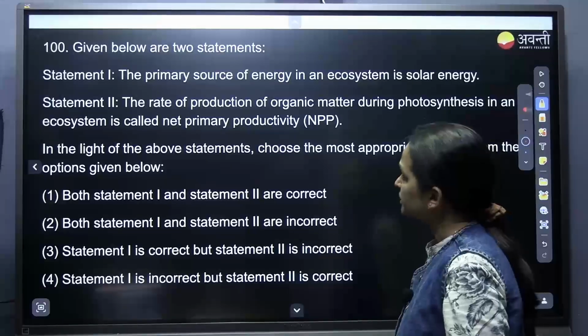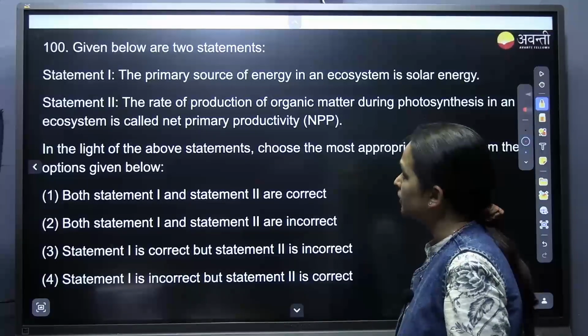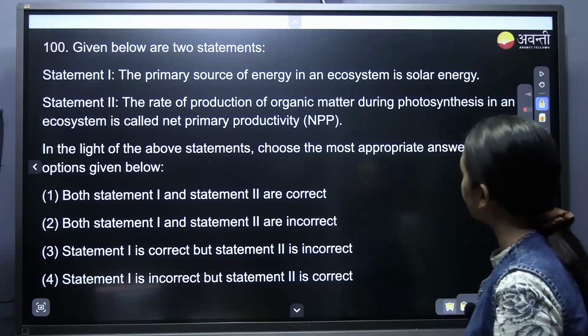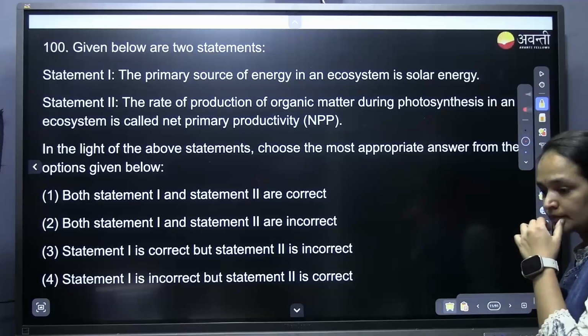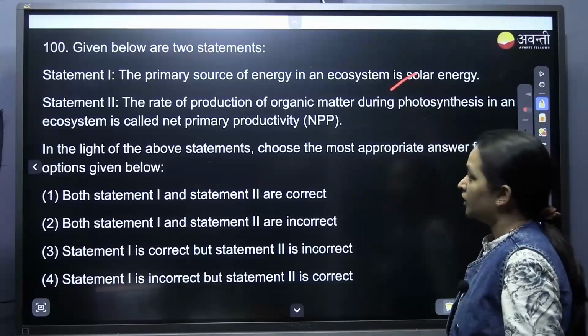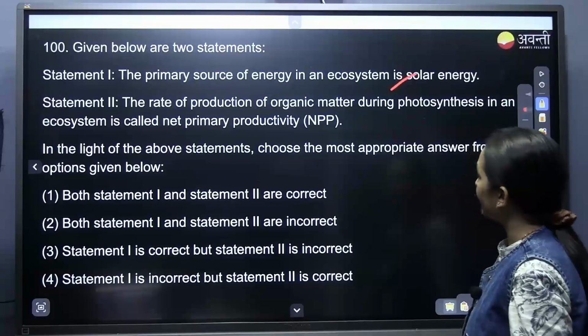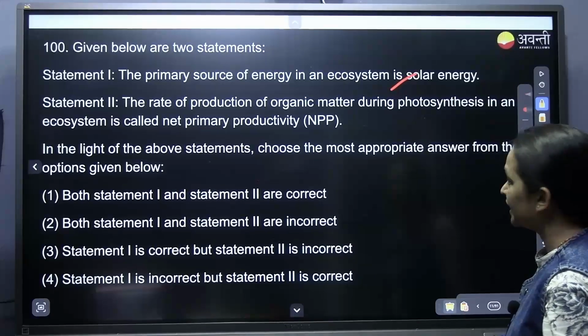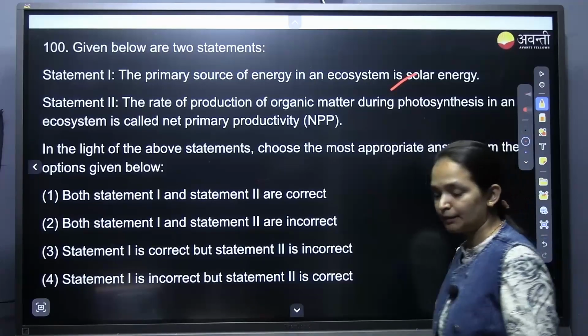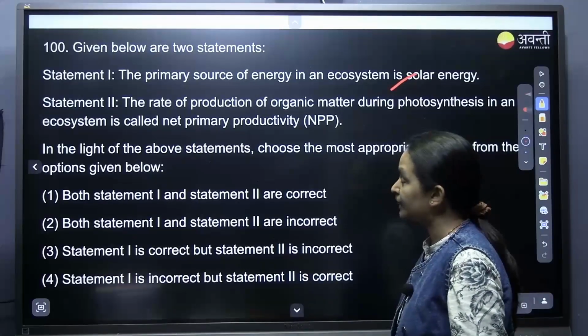Given below are 2 statements. Statement 1, the primary source of energy in an ecosystem is solar energy. Statement 2, the rate of production of organic matter during photosynthesis in an ecosystem is called net primary productivity, NPP.